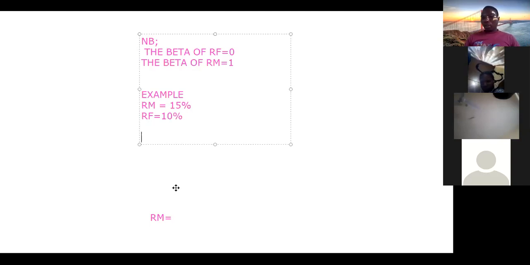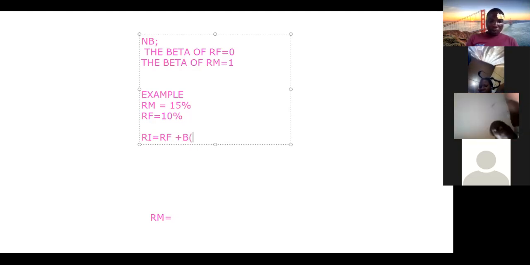So now we are going to solve them. We want to find the required return for the first one. So for the first beta, we know that Ri is equal to Rf plus beta bracket open Rm minus Rf.